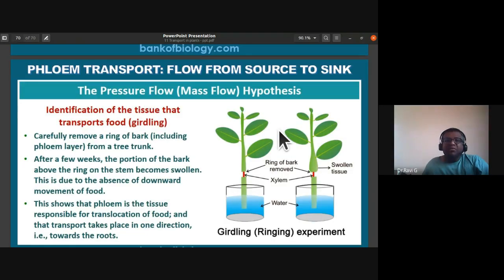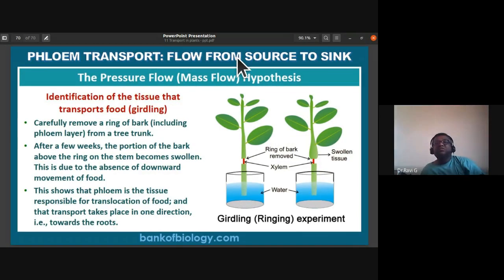The final part of our discussion is how this transport takes place through the phloem, and how it has been discovered. For this, they did a ringing bark experiment, or girdling experiment, wherein the bark was carefully removed from a healthy twig. They retained the xylem and other regions, but removed the bark with the phloem layer.